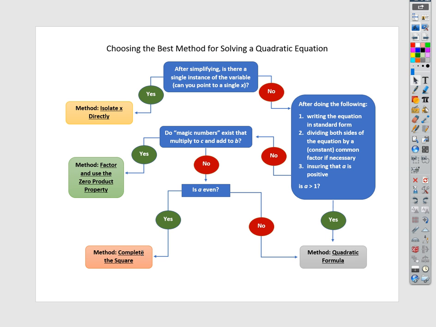And then finally, what if magic numbers don't exist, a is equal to 1, but b is not even? Like you have x squared plus 5x plus something. Do you want to complete the square there? Like an example like this.